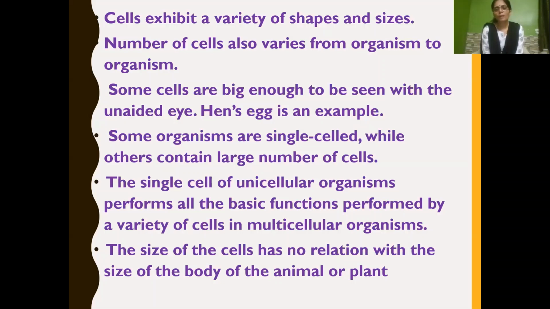We call them multicellular organisms. The single cell of a unicellular organism performs all the basic functions which are performed by a variety of cells in multicellular organisms. Then we have learned that the size of the cell has no relation with the size of the body of an animal or plant.